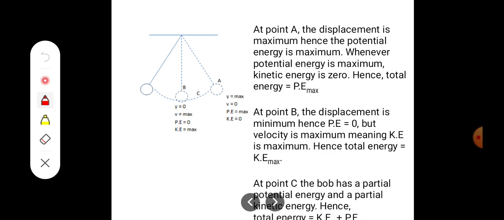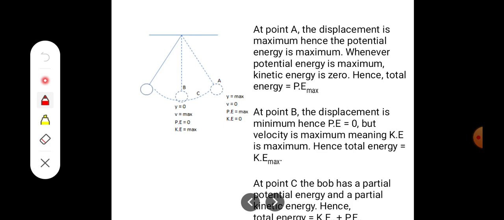We have 3 points here, point A, point B, point C. A is the maximum displacement when you displace the pendulum. So Y is maximum, and at maximum displacement velocity is 0. Please note this very well. And since displacement is maximum, potential energy is also maximum, and kinetic energy is 0.